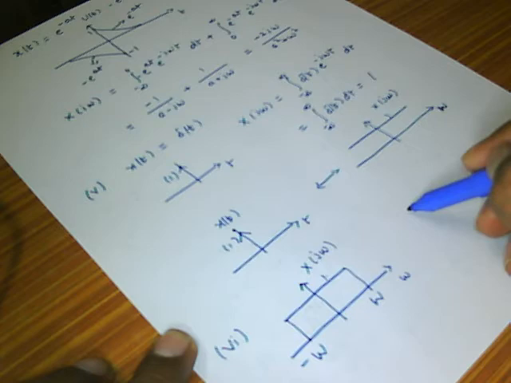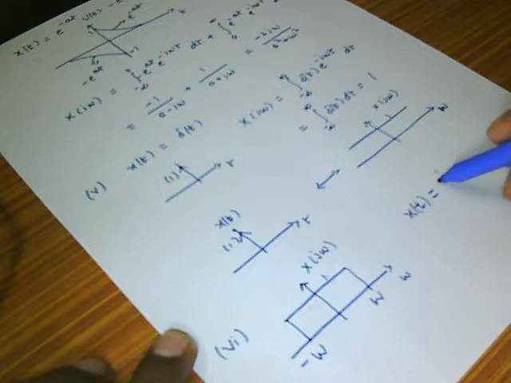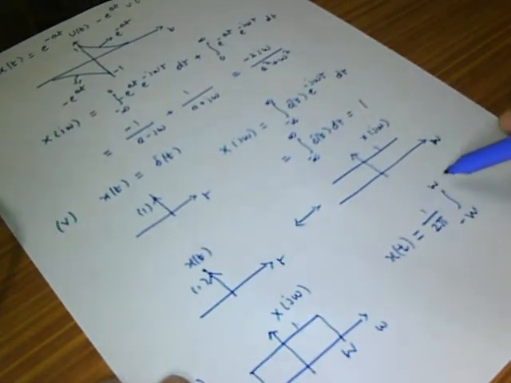So for this, the synthesis equation will give me 1 by 2 pi integral minus w to plus w 1 into e power j omega t d omega.